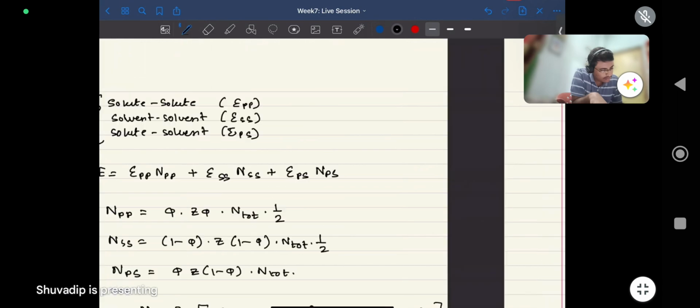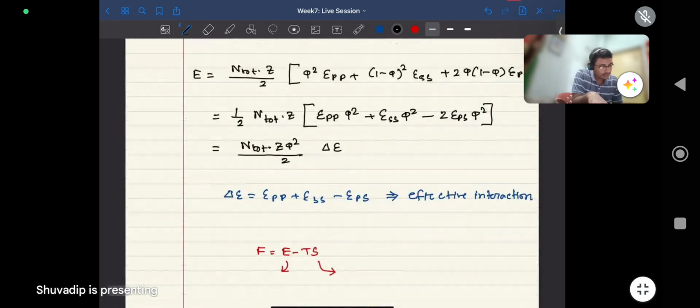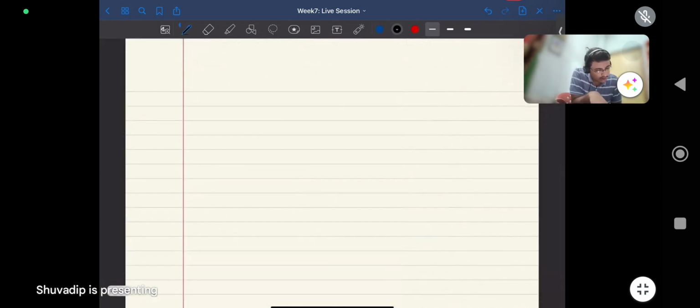In this lattice model picture, suppose there are in total solute and solvent molecules together. Np is the number of solute, Ns is the number of solvent. So the total is Np plus Ns.